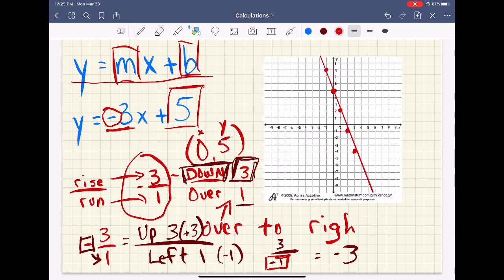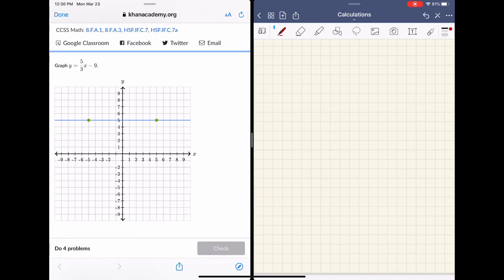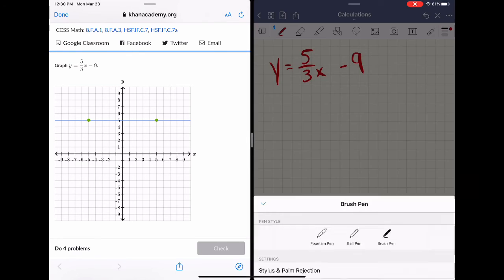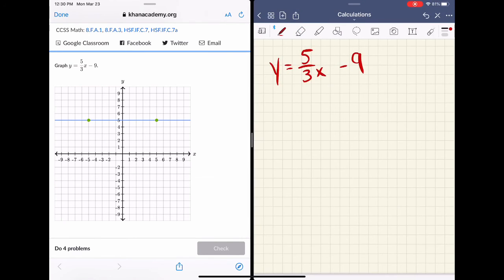All right, so let's put these into practice. We have y equals 5 over 3x minus 9. So right off the bat, we know we have a y-intercept, so let's go ahead and do that. It's going to bring this first point down here at 0, negative 9. And then we have a fractional slope of 5/3.